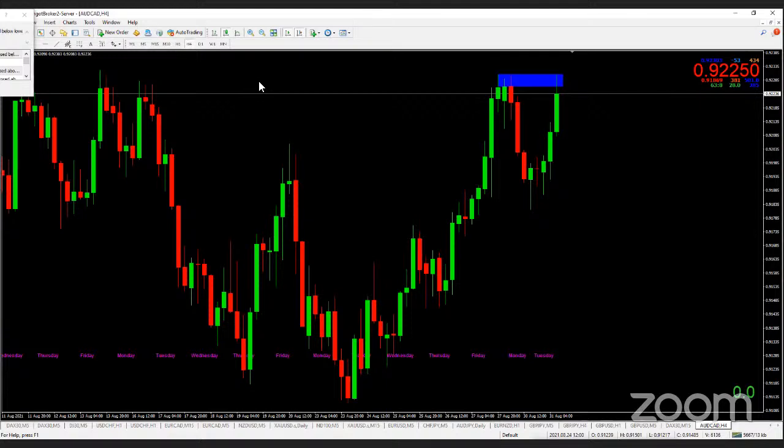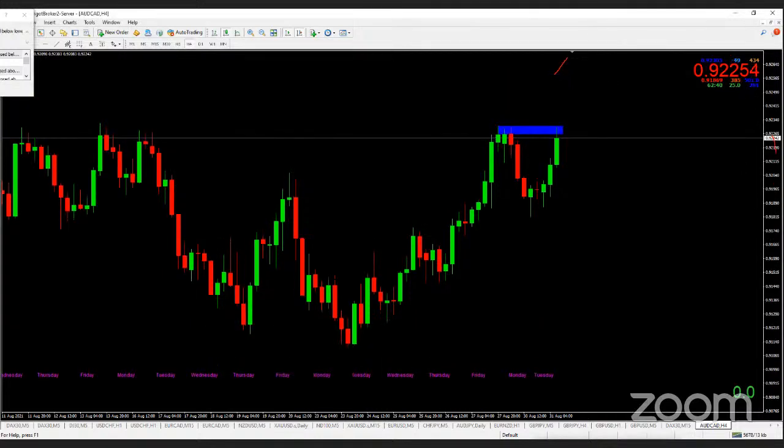If it goes above it like this, if the price goes above it, it breaks above it like this, I would wait for a retest of that area, a retest of that area, before it continues up or it comes back down.